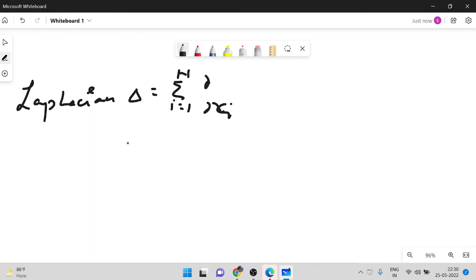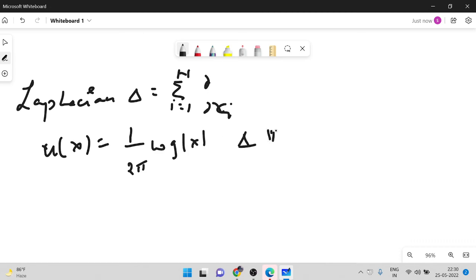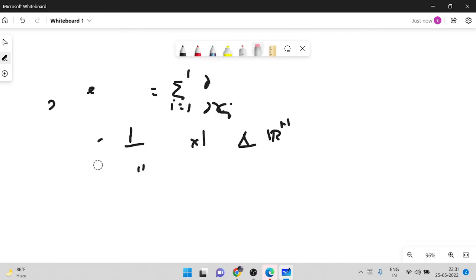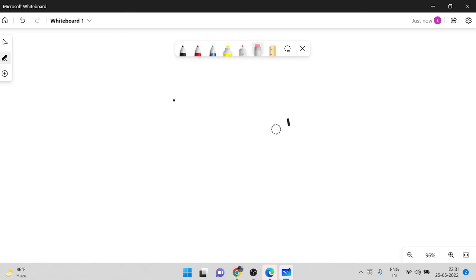Now I claim that u of x is equal to 1 by 2 pi log mod x is the fundamental solution of the Laplacian operator on R^2. Yeah, proof of that.